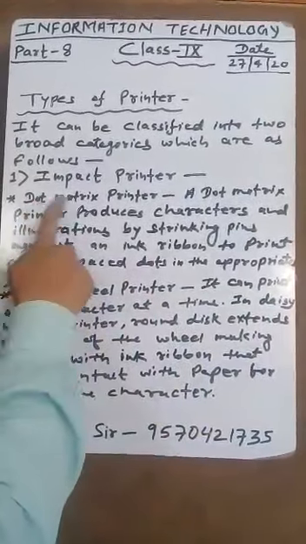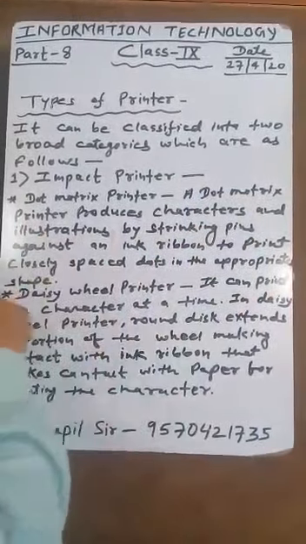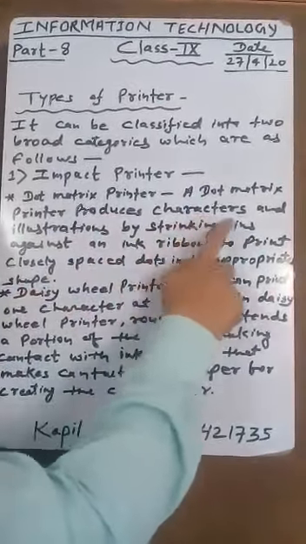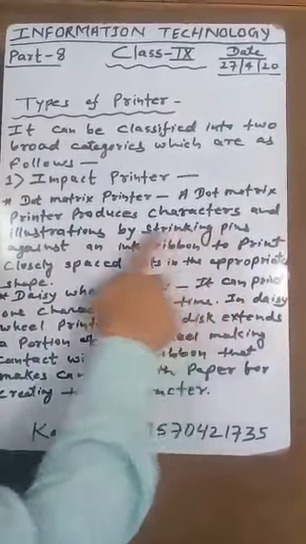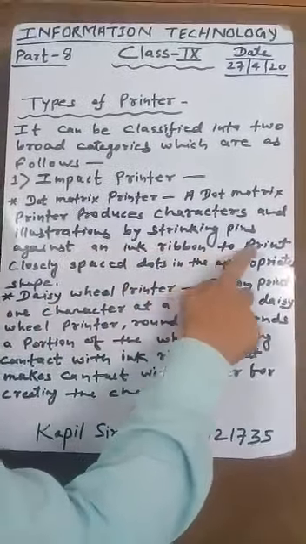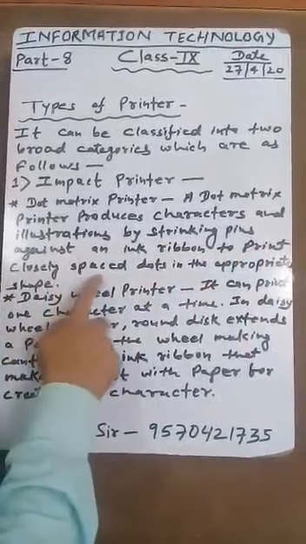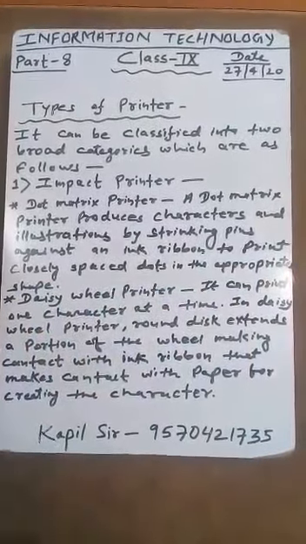A dot matrix printer produces characters and illustrations by striking pins against an ink ribbon to print closely spaced dots in the appropriate shape.